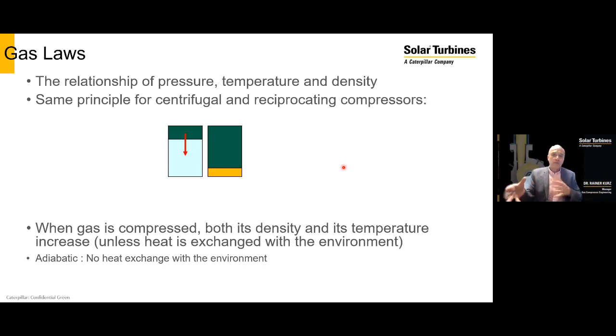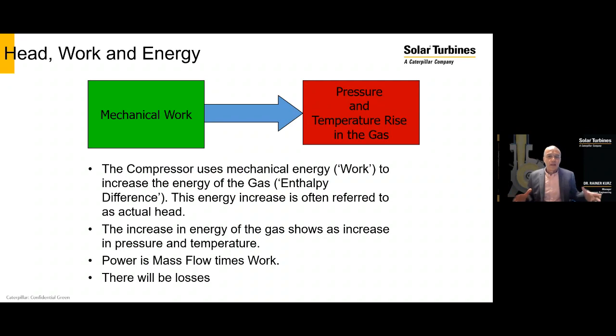And the relationships between pressure, temperature, and densities are essentially covered by thermodynamics laws about the gas. Again, that general idea applies to both centrifugal and reciprocating compressors. So what we do in a compressor is essentially we take mechanical work and convert that mechanical work into pressure and a temperature rise in the gas.